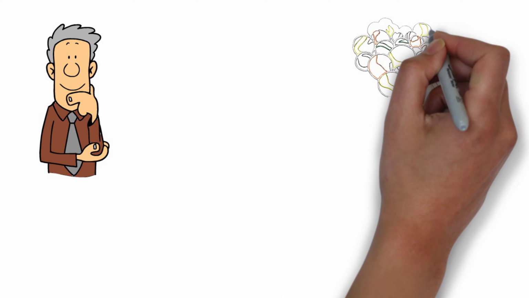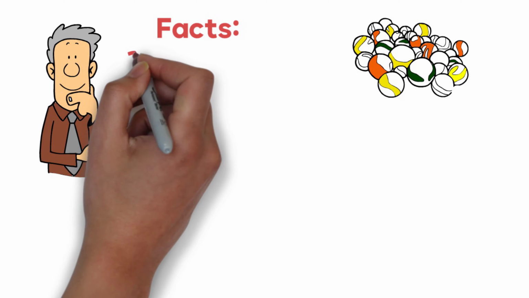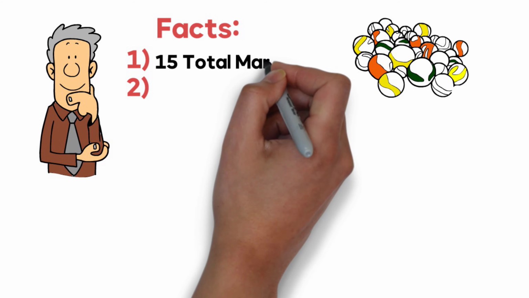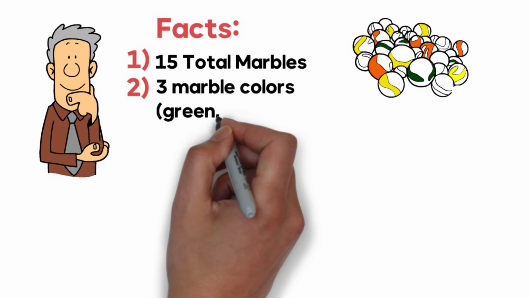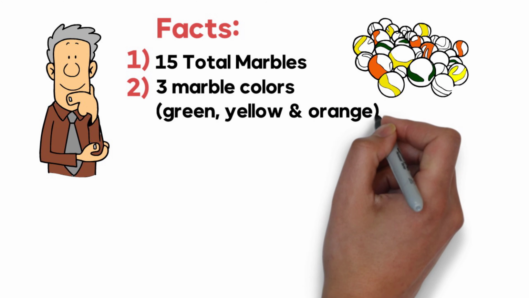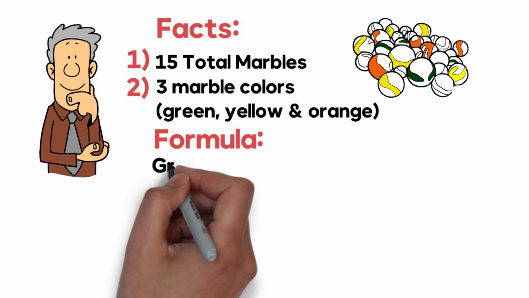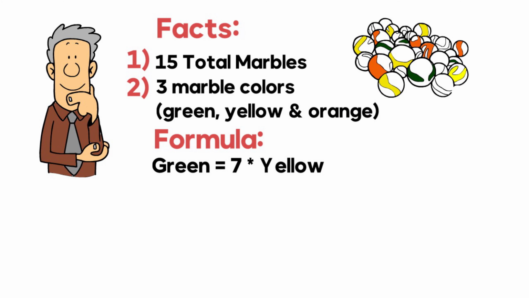To solve this type of problems, let's separate facts from the formulas. We have 2 facts. We have 15 total marbles, and marbles are of 3 different colors: green, yellow, and orange. And the formula that we are presented with is that there are 7 times more green marbles than yellow marbles.